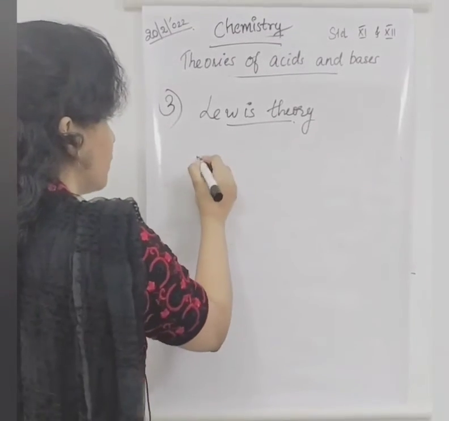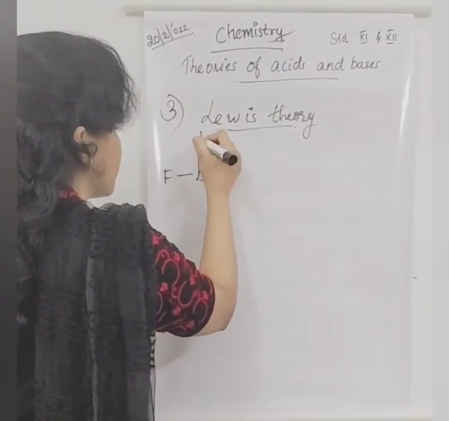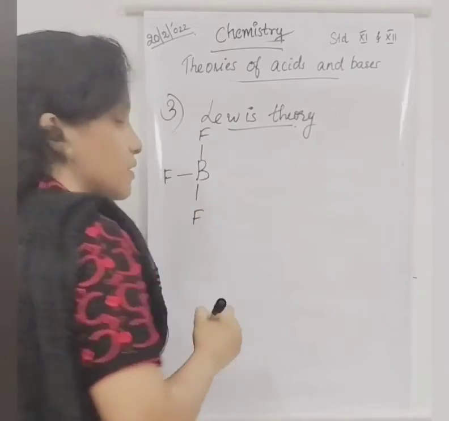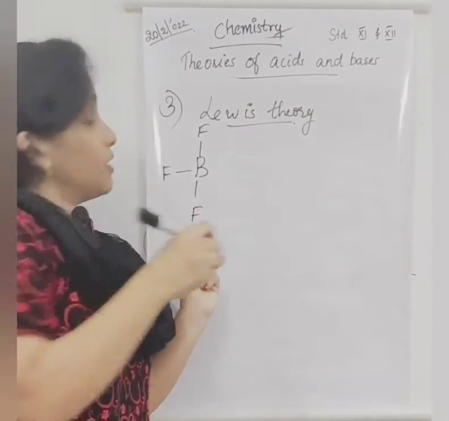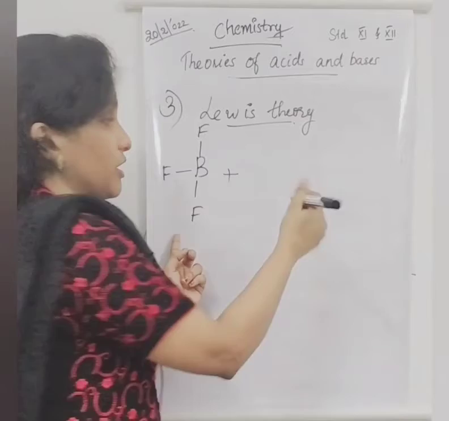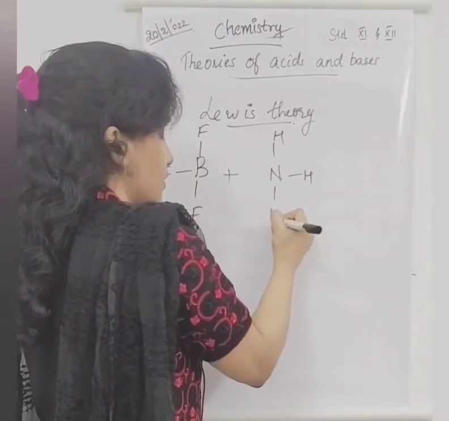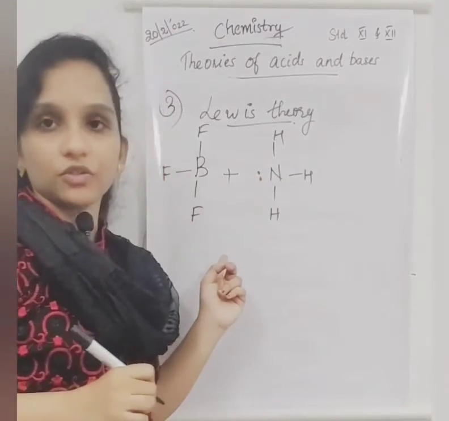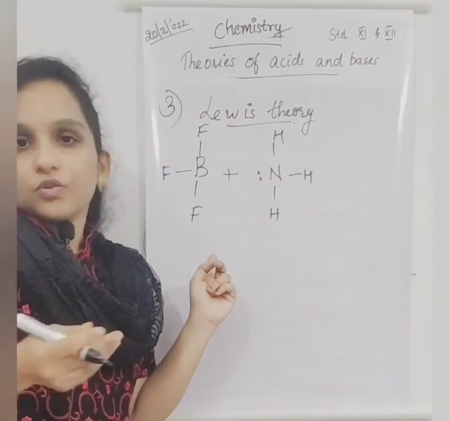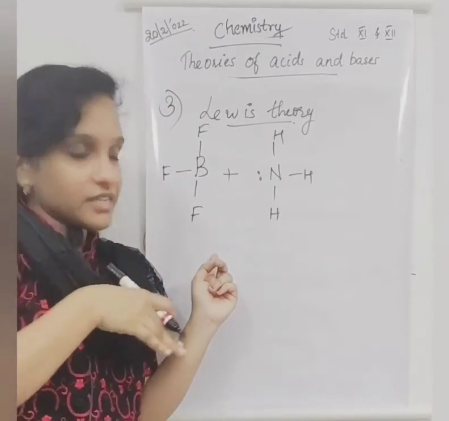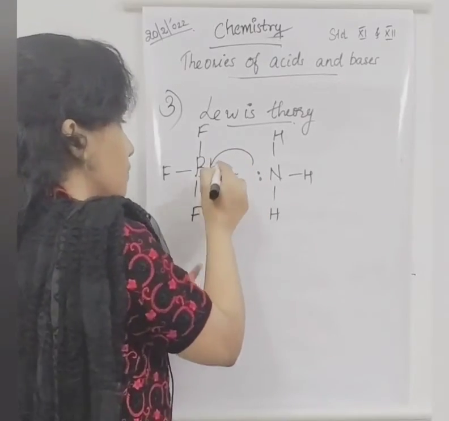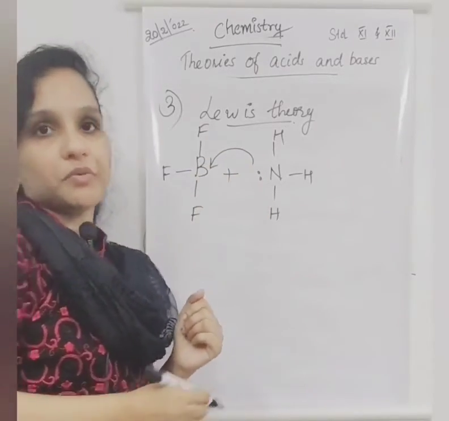Let's see BF3. The reaction will be with ammonia. I told you that there is a lone pair of electrons in ammonia, so it will donate its electrons to boron.